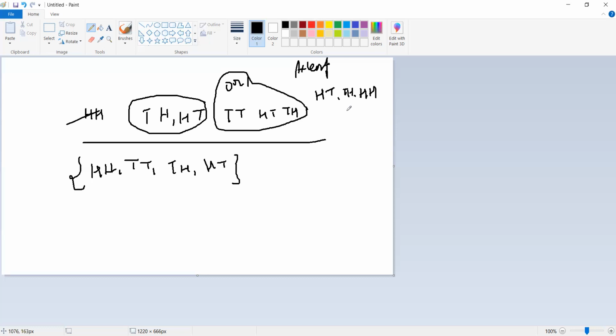If the sample space for one time is 2, then for 2 times it is 2 into 2, and 3 times it becomes 2 into 2 into 2, 8. So if I'm tossing a coin 10 times, it is 2 into 2 into 2 and so on, 2 power 10. What is 2 power 10?